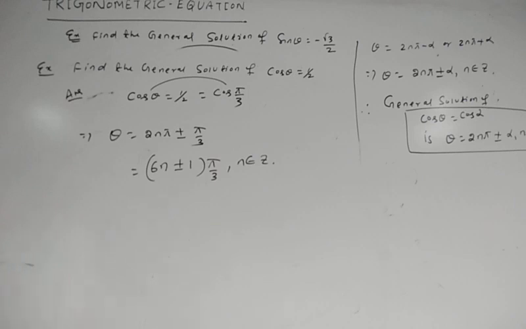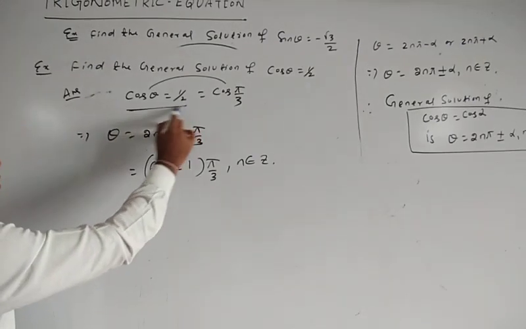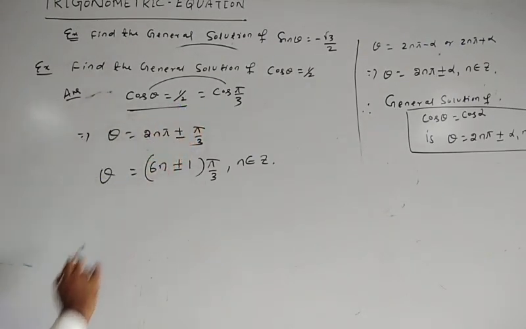Therefore the general solution of cos theta is equal to 1 by 2 is theta is equal to 6n plus or minus 1 into pi by 3. In this way you have to calculate the general solution.